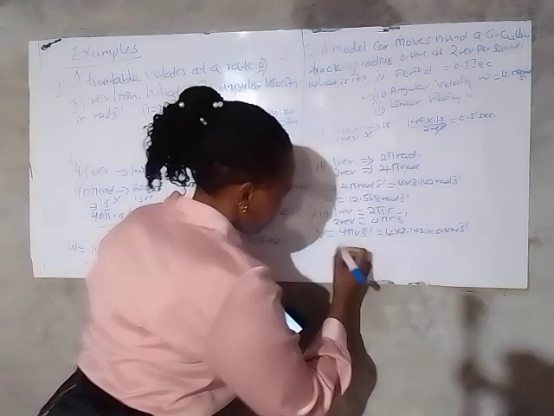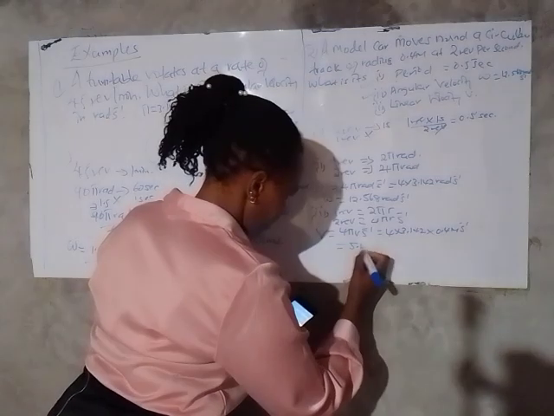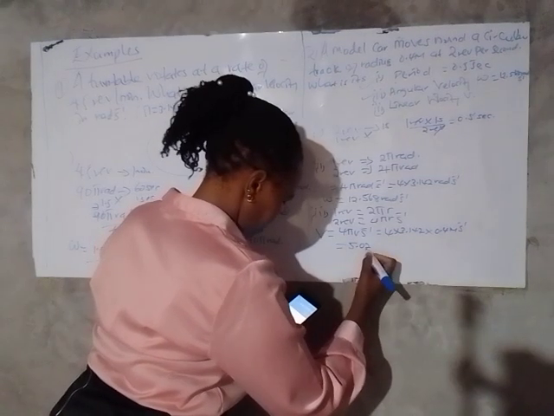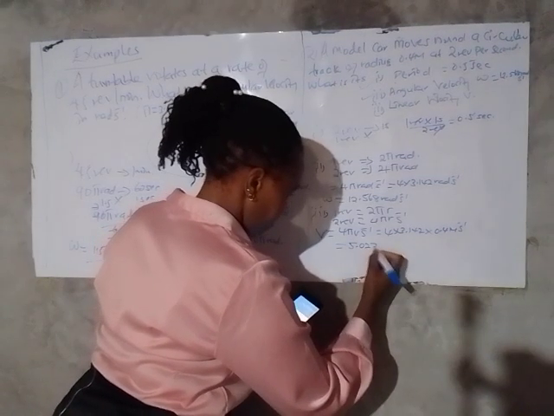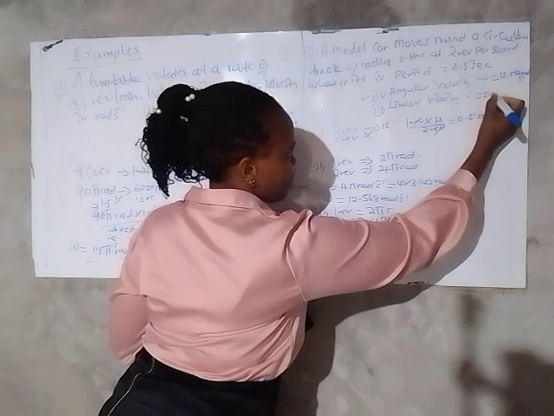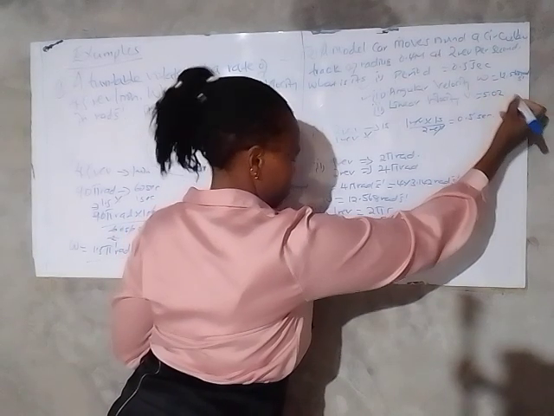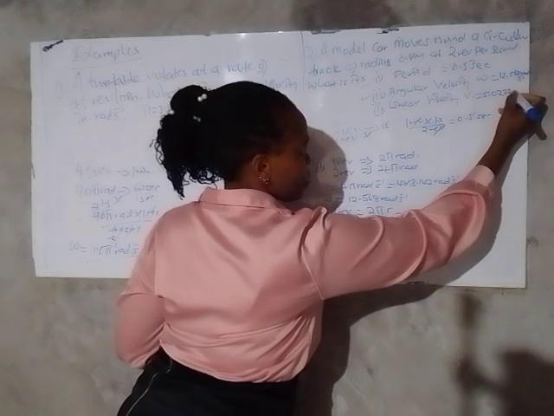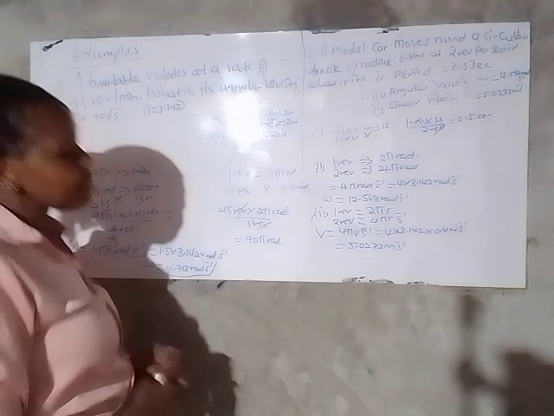That gives us 5.0272 meters per second. So very easy. So linear velocity equals 5.0272 meters per second. Okay, so we've just converted.